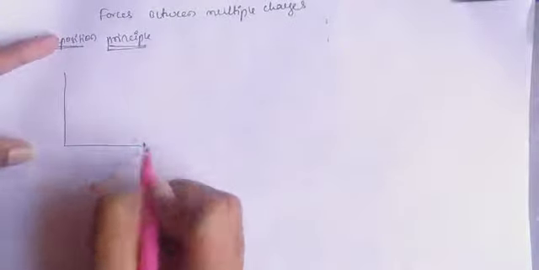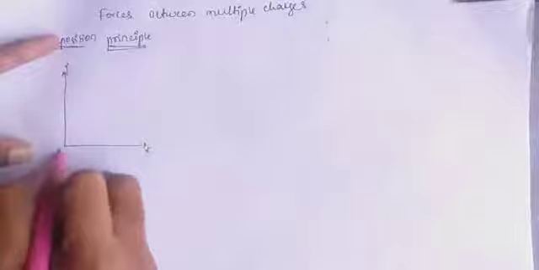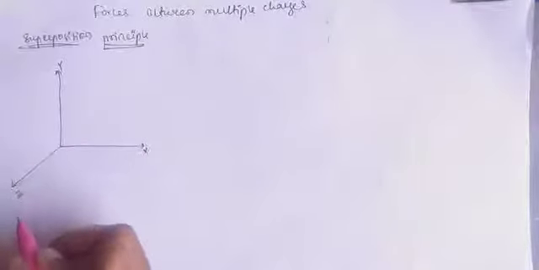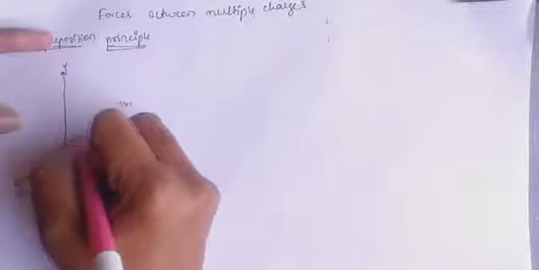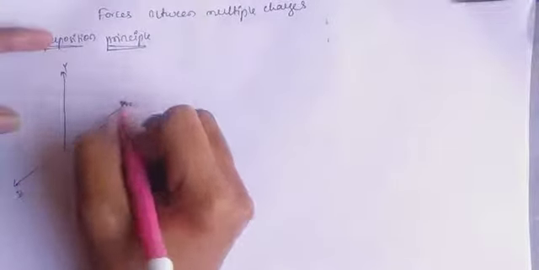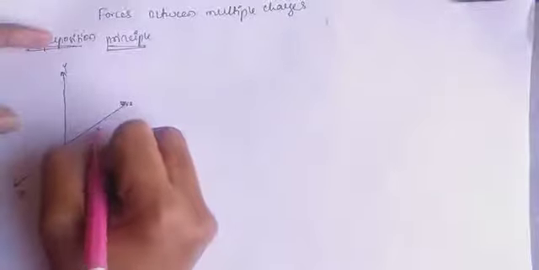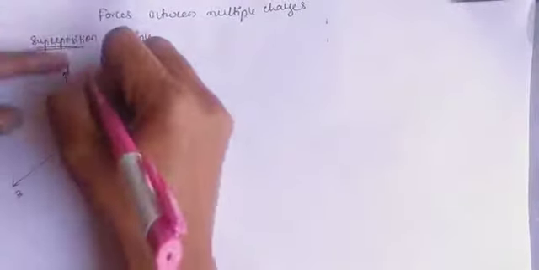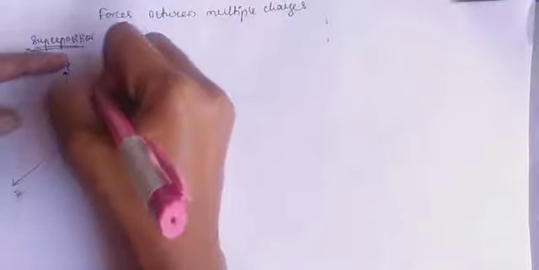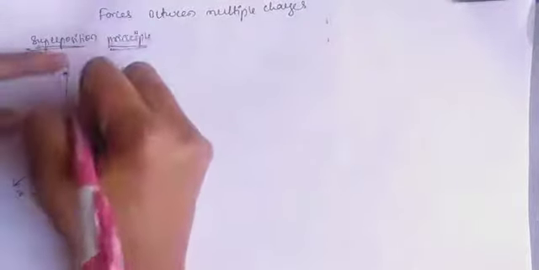Okay, forces between multiple charges means, see here, this is the x direction, this is y, and here we are taking the coordinates, three coordinates. Now let us consider, here is one charge, that is a q0 charge, the test charge. Another charge is there, the distance from the origin to this charge is, let us take r1.